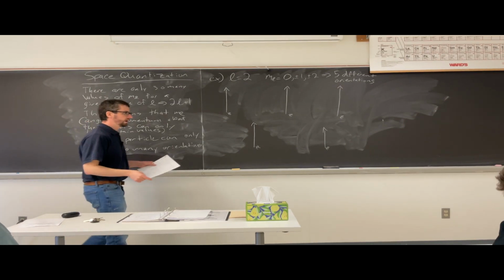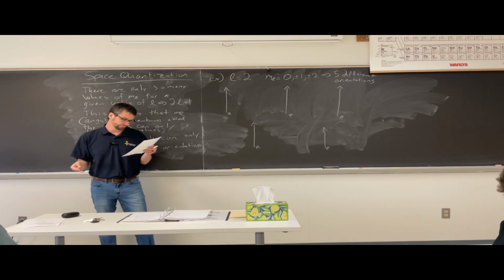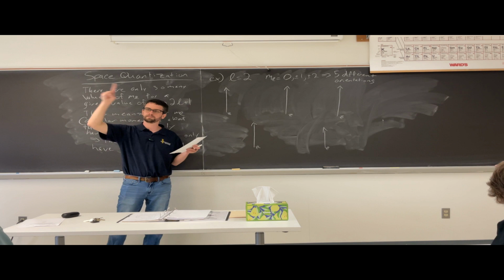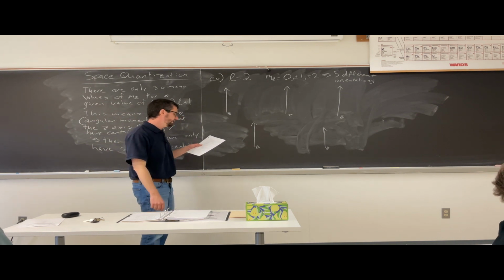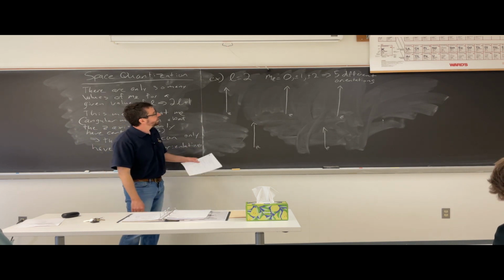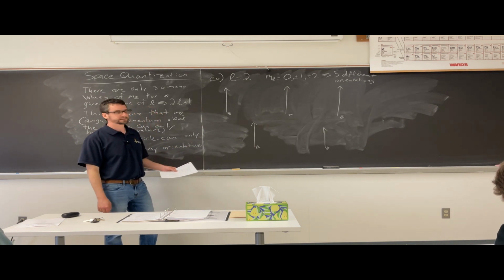We're going to draw all the possible paths of having an M sub L equal to 0, -1, +1, -2, +2.